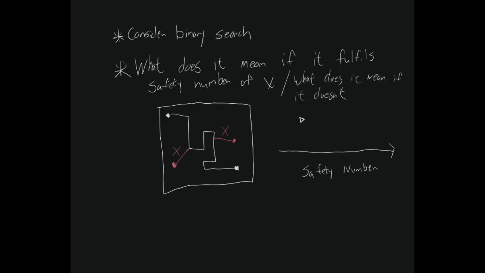So what I'm trying to say is that if this is the safety number that we are checking, and it is okay, meaning there exists a path for this safety number, then we don't actually have to consider anything that is less than it, because if there exists a path at this particular point, then everything below it will be okay as well.